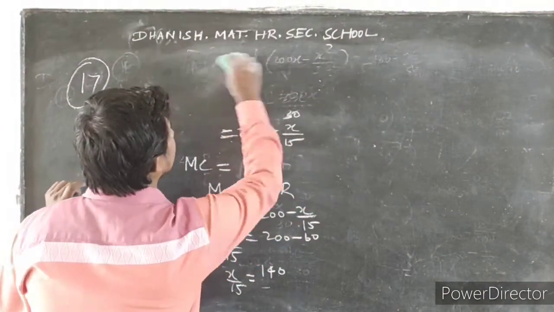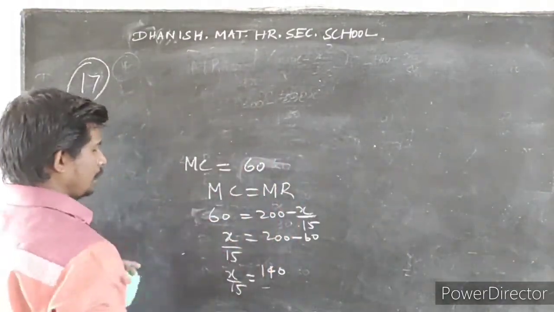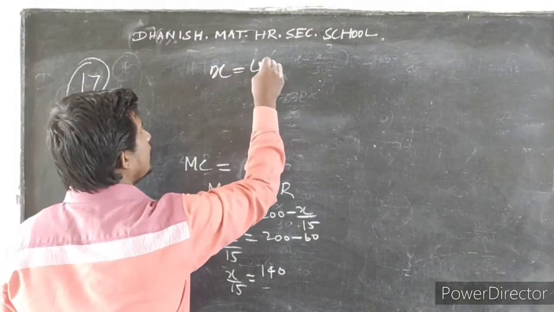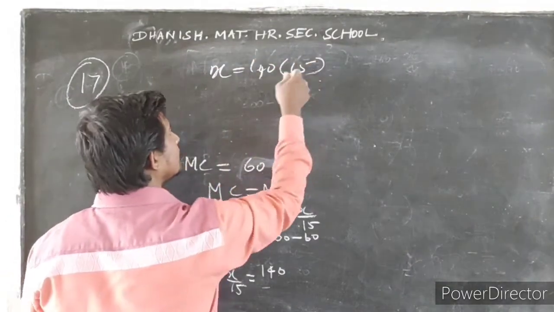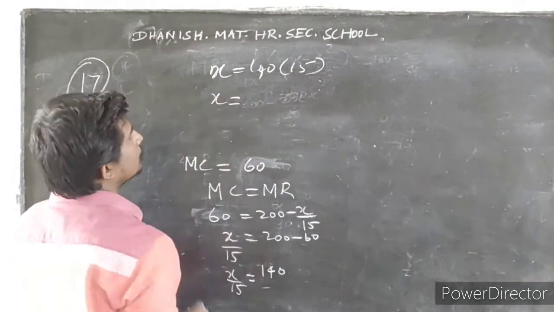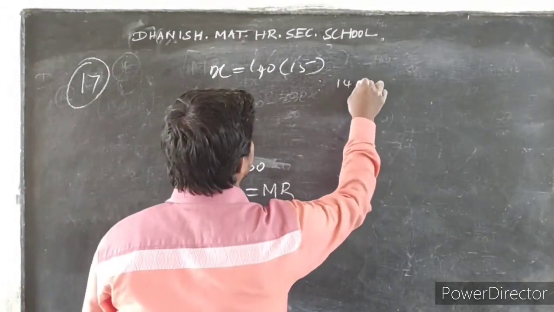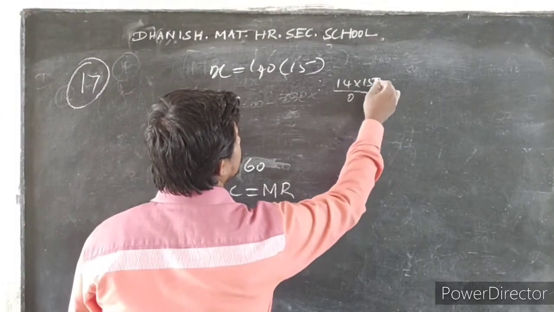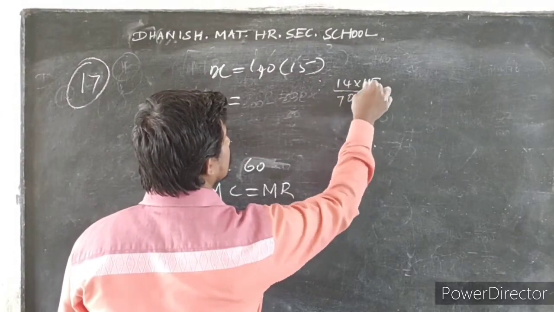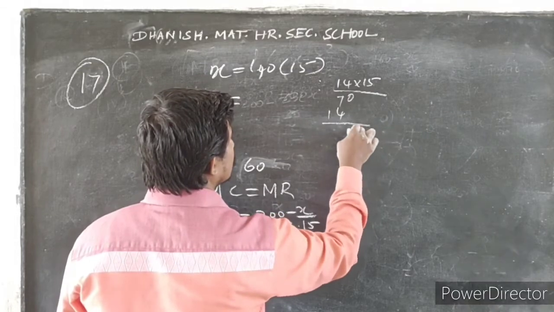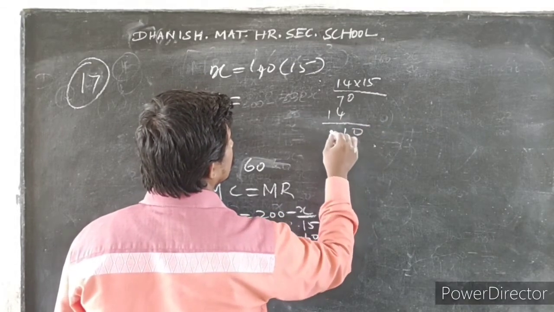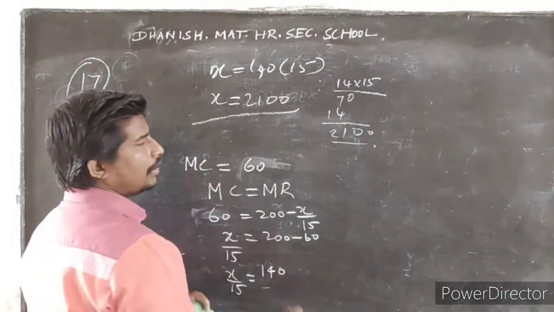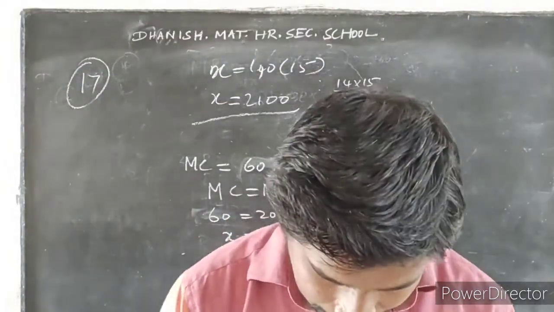Now our x equal to 140 into 15. So our output is 2100.